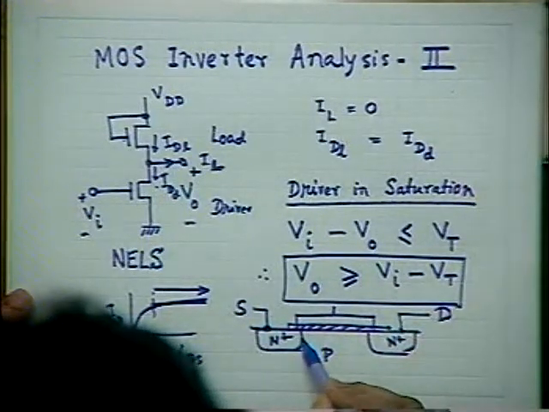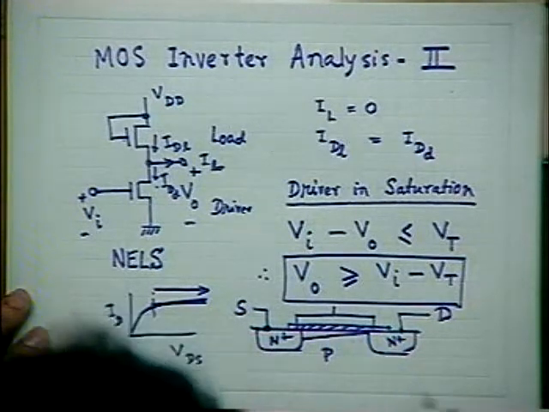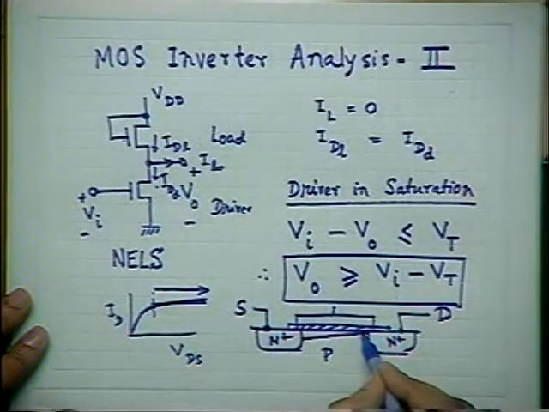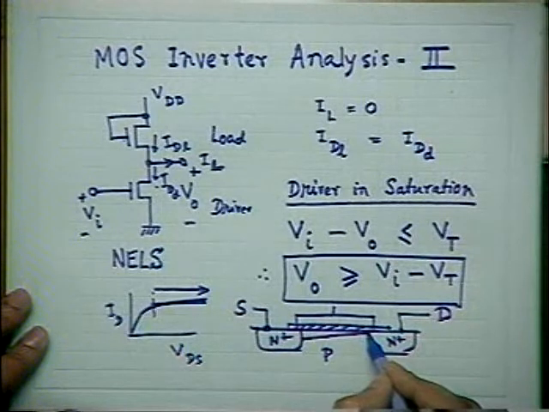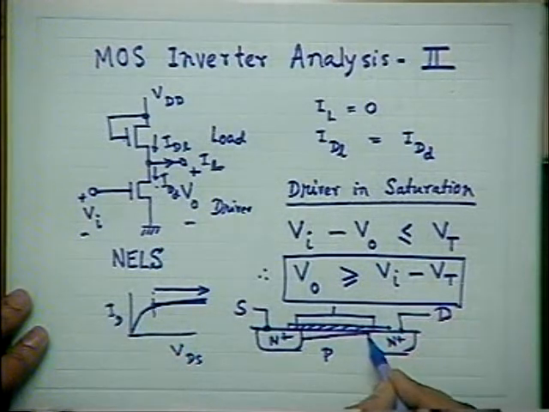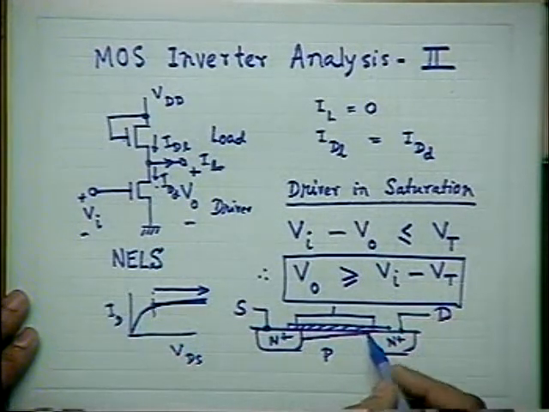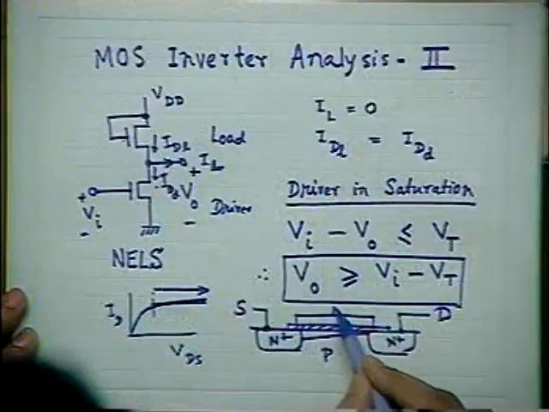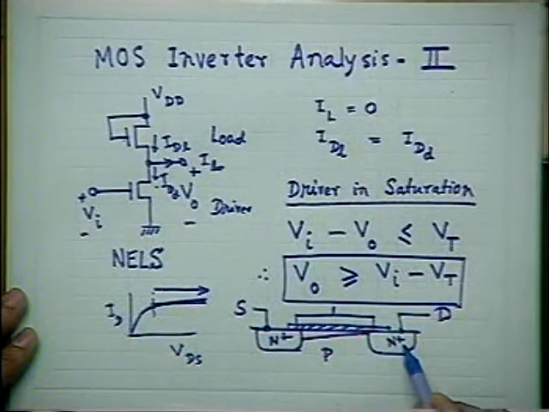And I told you that in the pinch-off condition, at the drain end, no inversion layer exists. And that happens only when VGS minus VDS is less than VT.